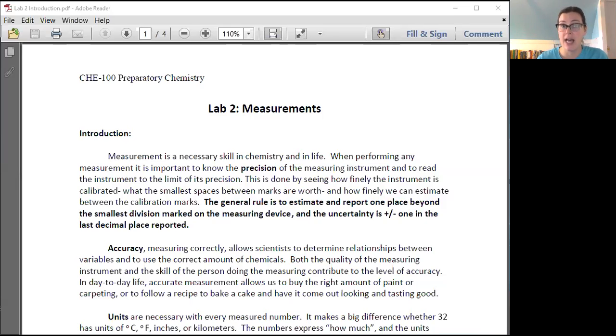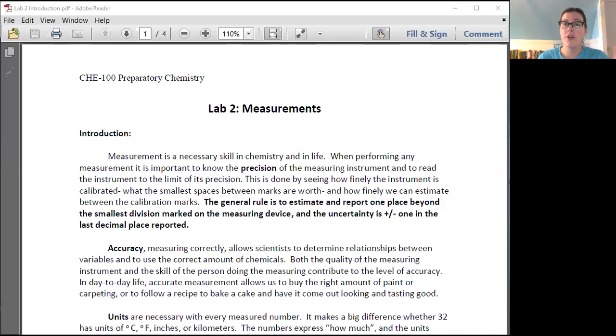So when I'm talking about words like precision and accuracy, there is a slight difference between those two, and we're going to be looking at both of those. So precision is to what degree the measuring device is calibrated, and accuracy is how close to a given, known value you are able to get.